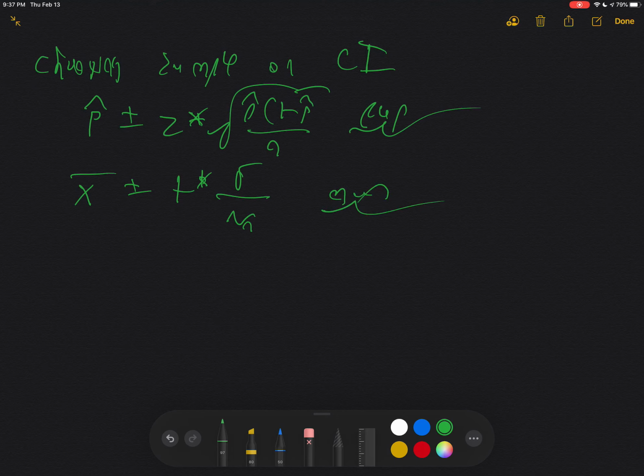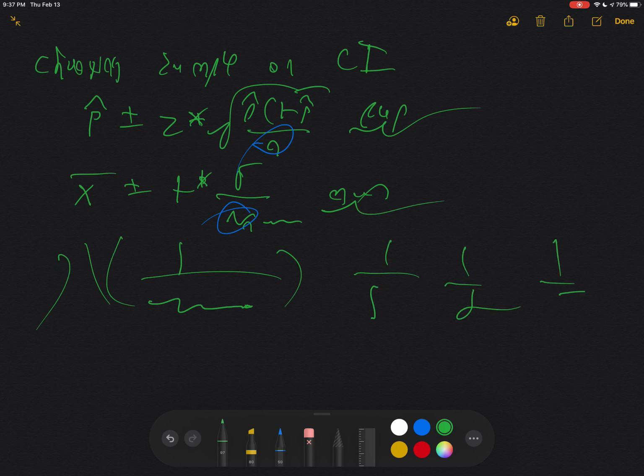Since we're only changing the sample size, it's just this n on the bottom, nothing else is changing. When we increase n, we get a bigger denominator in our fraction, which makes the overall value smaller. It's like 1 over 1, 1 over 2, 1 over 3: as the denominator gets bigger, the value of the fraction gets smaller.